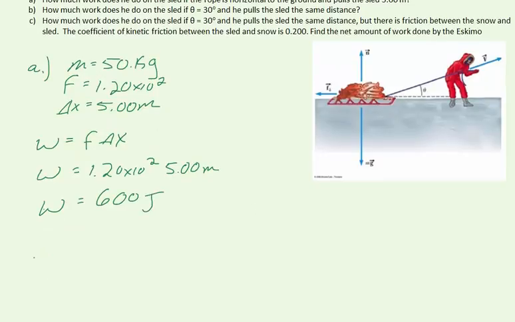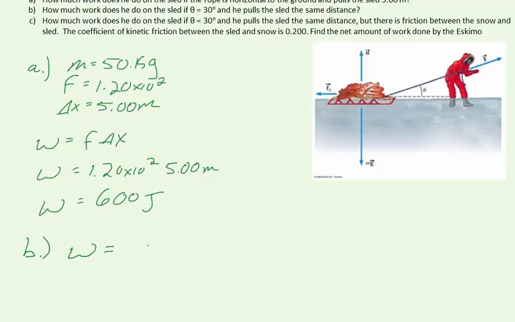In part B, we're asked how much work does he do on the sled if he pulls the sled the same distance at an angle of 30 degrees above the horizontal. So yet again, our mass and our force applied haven't changed, nor our displacement. Instead, the force is being applied at an angle of 30 degrees.